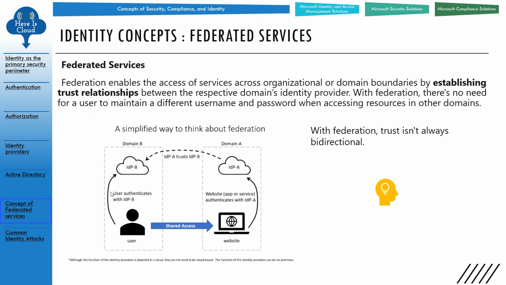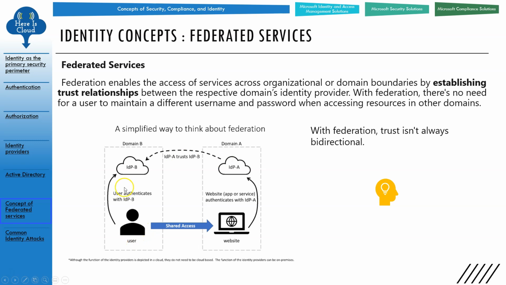Then there is the concept of federated services. Federated services enable access to services across organization or domain boundaries by establishing a trust relationship. Again, there are two domains, domain A and domain B. Here this domain has B as an identity provider, and here I have the identity provider as A. They have a trust relationship.